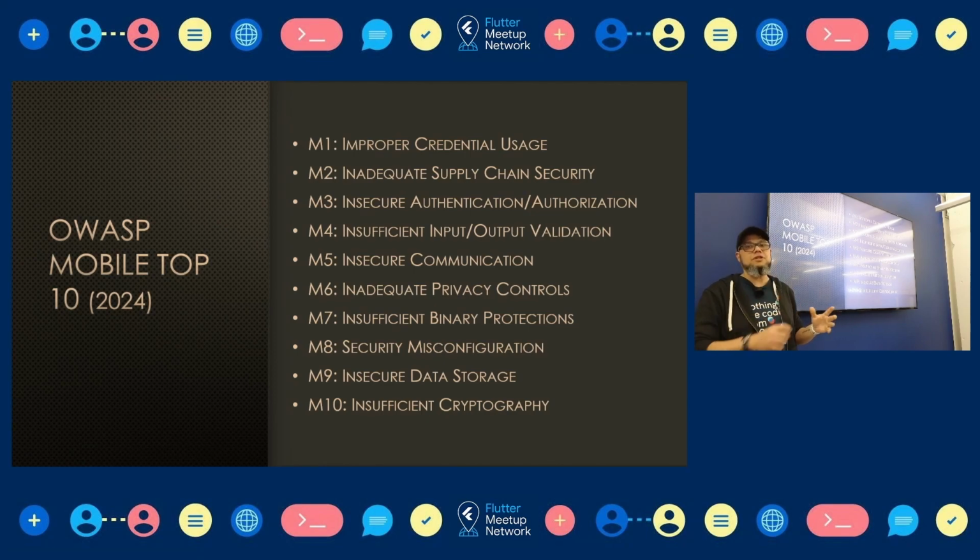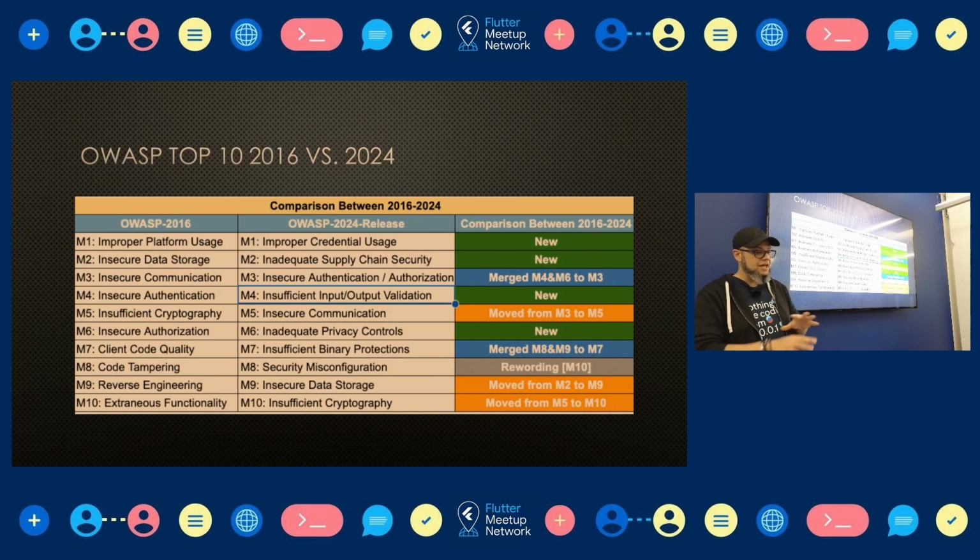This list is reviewed every few years, sometimes every year if the need arises. And basically this list encompasses all of the possible security risks that a mobile application can face. We're going to look at each one.